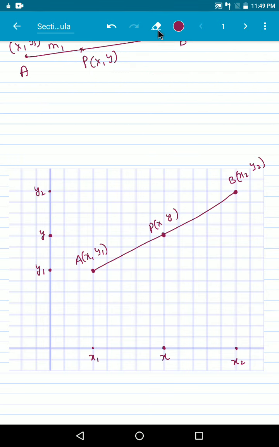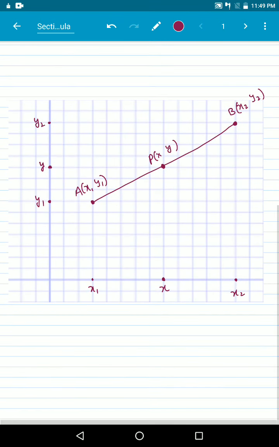Derivation: in the derivation we will use the similar triangles concept. Okay, suppose we have a point A here, x1 y1, and point B is x2 y2, and point P we are taking as x comma y, and this is m1 and this is m2. That's what we learned, isn't it? Now see, the coordinates of point A are x1 y1.